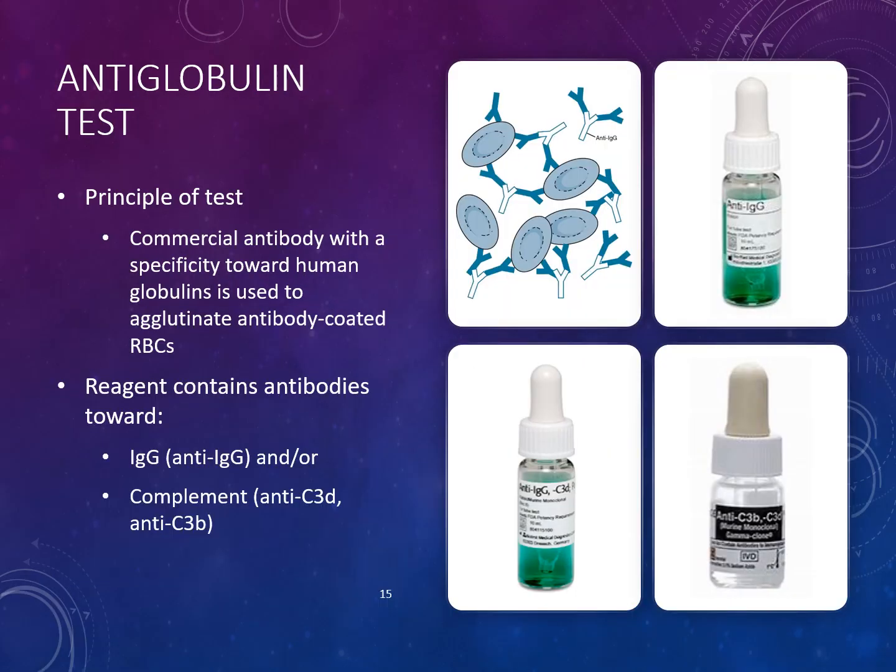An antiglobulin test. The principle of this test is that you have some sort of commercial antibody with a specificity towards human globulins, which is used to agglutinate any antibody-coated red blood cells. You can see here in this image an antibody-coated red cell.